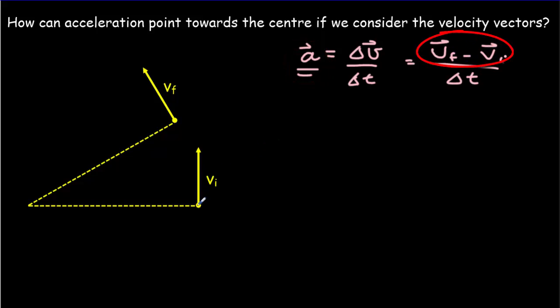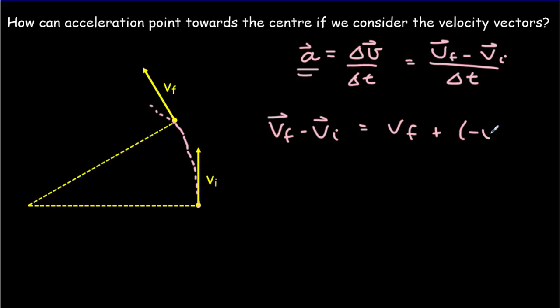So if I draw a little circle here, two times that are quite close together, and I consider an initial velocity vector and a final velocity vector, then the direction of my acceleration should be in the same direction as vF minus vI, that vector subtraction. Or I could write that as vF plus the vector negative vI. And of course the vector negative vI just points in the opposite direction as vI.